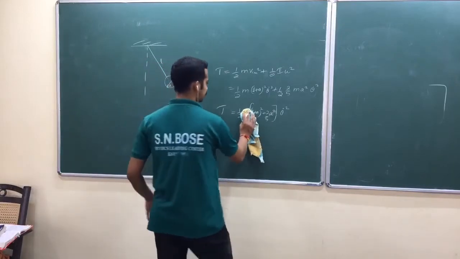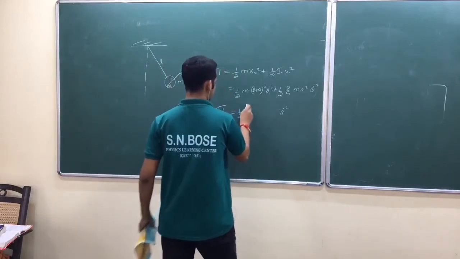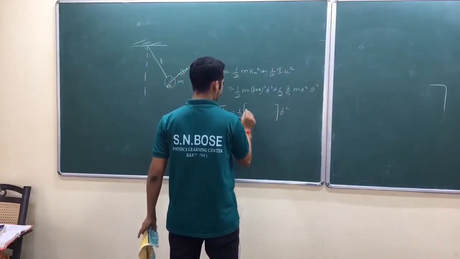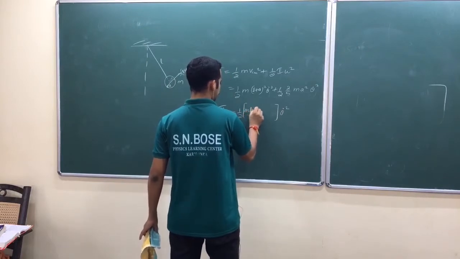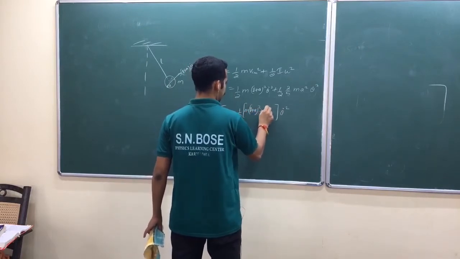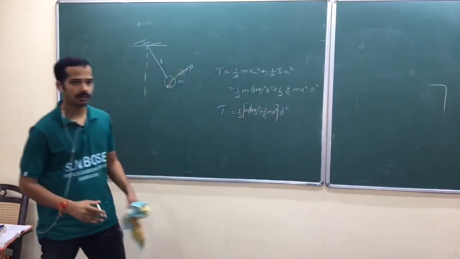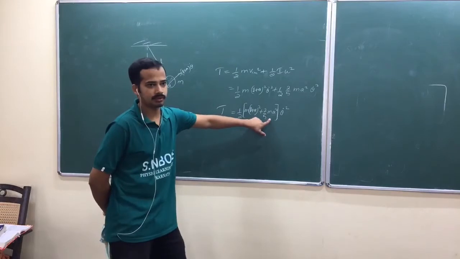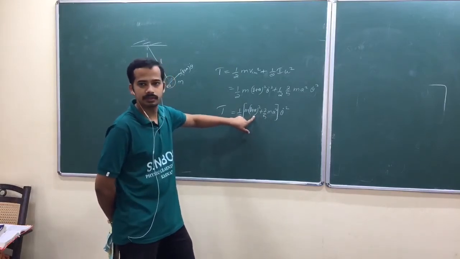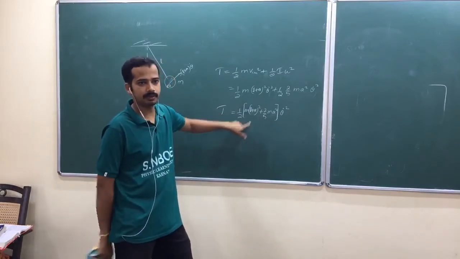What is that one? Any idea? M into (L plus A) whole squared plus 2 by 5 m A squared. What is this? Moment of inertia about the center of mass plus mass into the perpendicular distance squared.